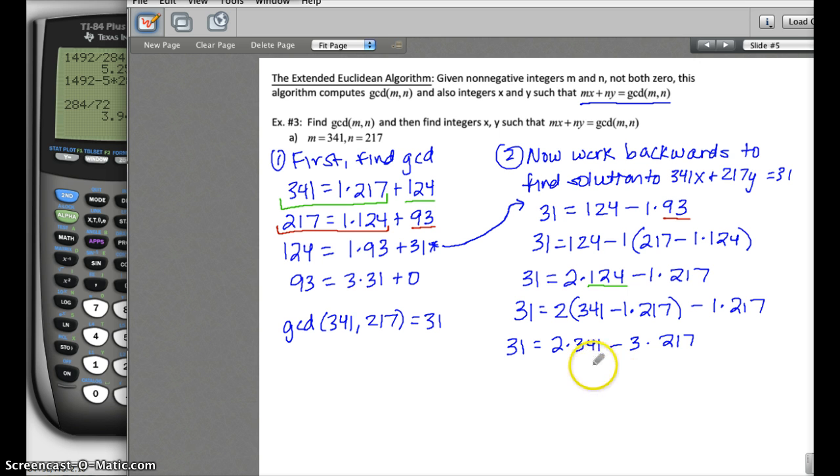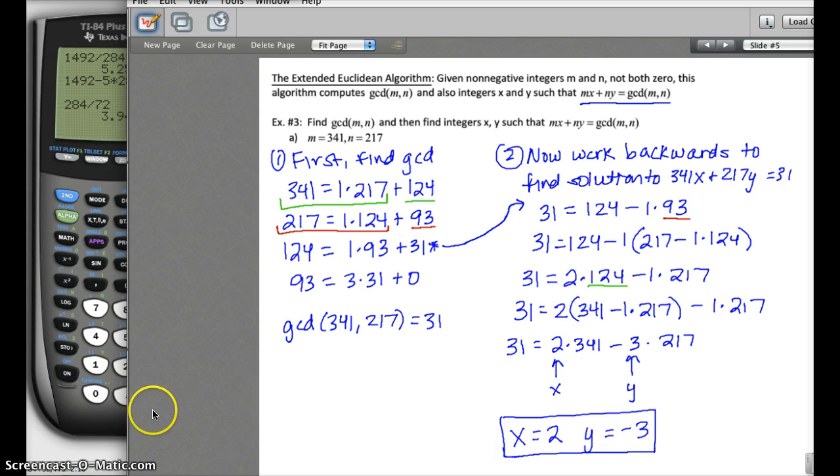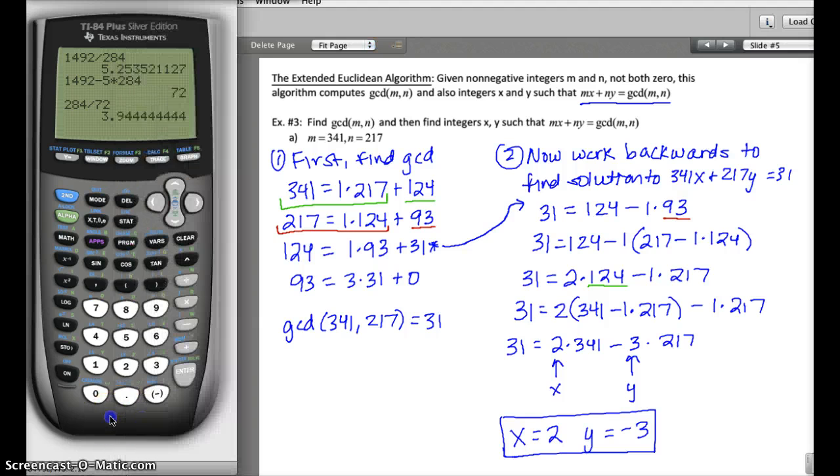Notice that this is in the format that we were interested in, the equation that we wanted to solve. This 2, the number times our 341, is going to be our x. This minus 3 is our y. So x is equal to 2 and y is equal to negative 3. Let's check this on our calculator that it really does give us 31 as expected.